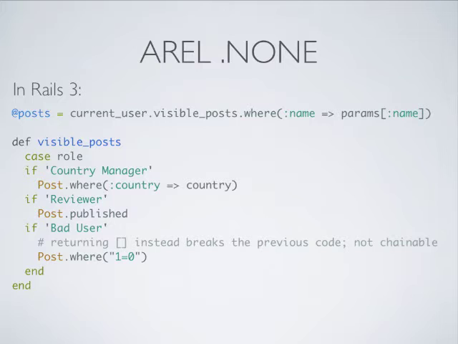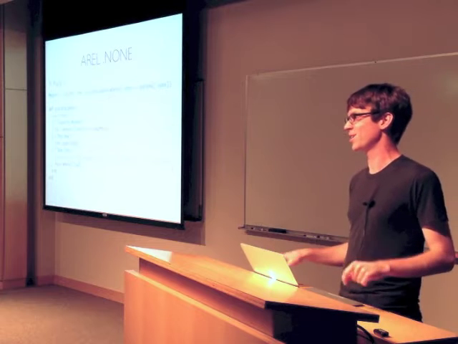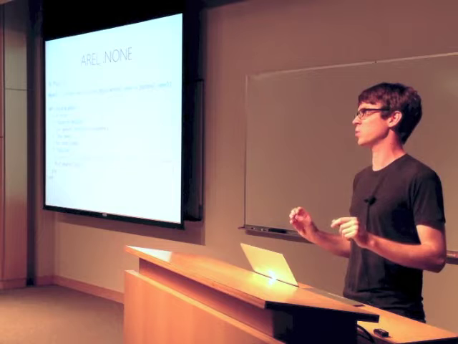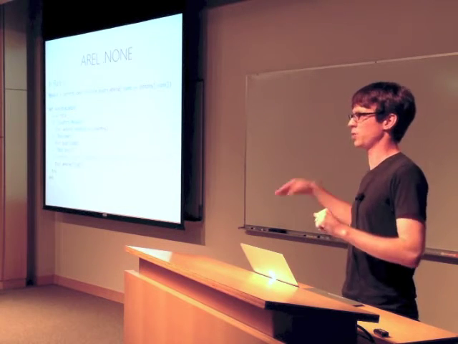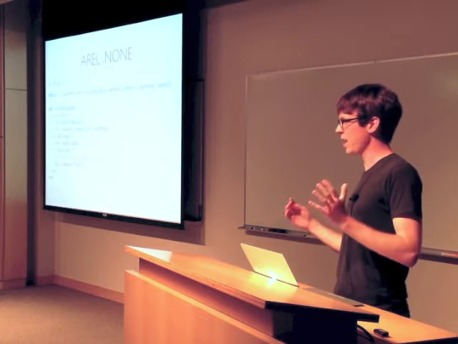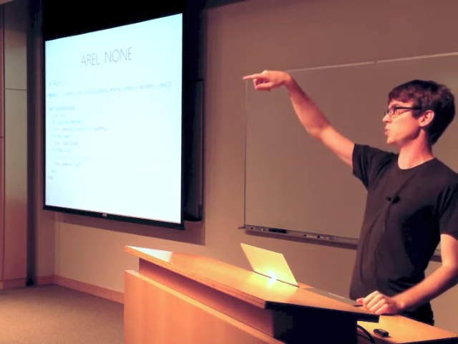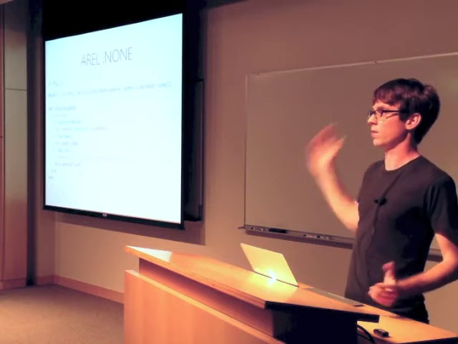This is another sort of edge case one, but I have found myself in a situation where I've actually written the code .where('1=0'). And this is useful in cases where you want to return an Arel relation, but you want to ensure that it returns no rows. And you might think you can just return an array. Well, you can't, because that's an array and you can't call further scopes on that. So in this example, if you called visible scopes, if that was an array, calling where obviously won't work.